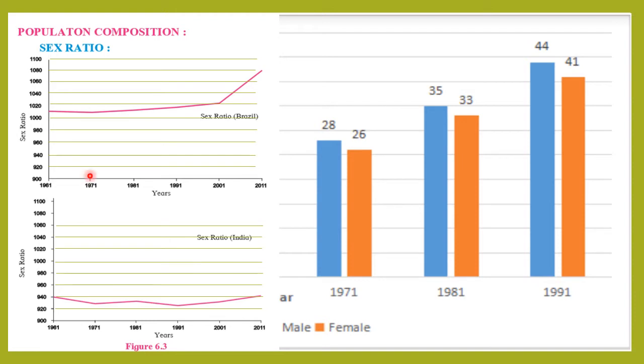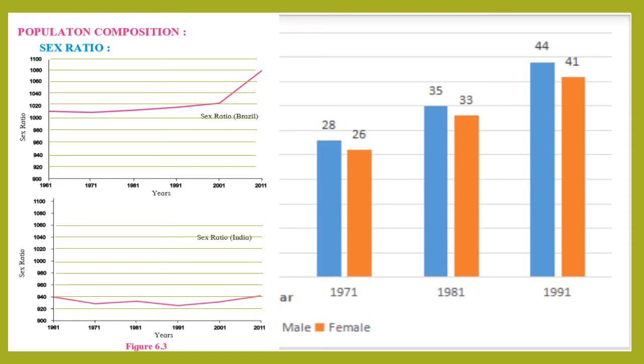So for 1971, you have to take a ruler or scale and keep it over here, see this line, match it to the y-axis and see where it comes. It comes around 1010. Now, 1010 female population. Okay.